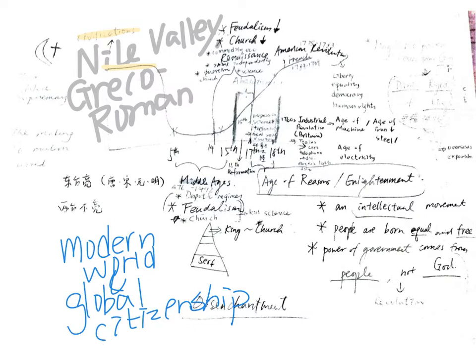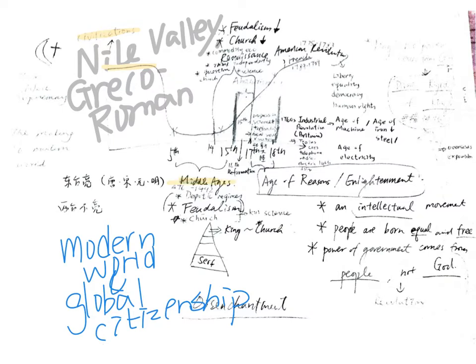Okay. However, there is always a cycle for history to experience ups and downs. So after long years of stabilities and cities were more developed, wars became frequent as well. So in Form 2 curriculum, our focus shifted from civilizations to the Middle Ages here.